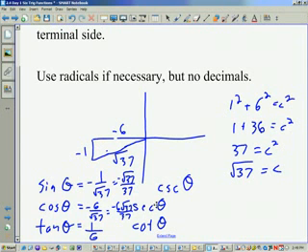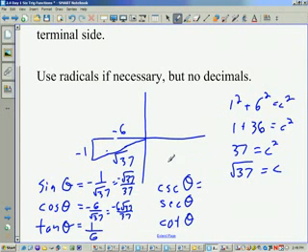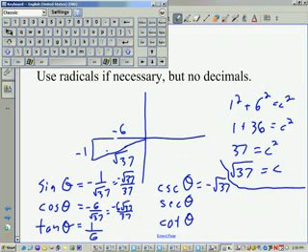I want to move these over a little bit just so we can see it. So cosecant of theta is going to be the reciprocal of this. So negative root 37 over 1. Over 1 doesn't do much.